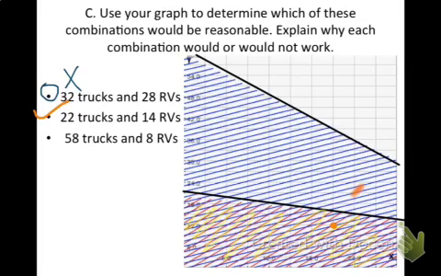Okay, keep in mind, it does not have to be exactly equal to 600 square feet or exactly 60 cars, but it has to fit the inequality. Okay, for the last one, you can already see that 58 plus 8 is greater than 60. Okay, we can't surpass that. So without even using the graph, you can see that that one wouldn't work because that's too many vehicles.